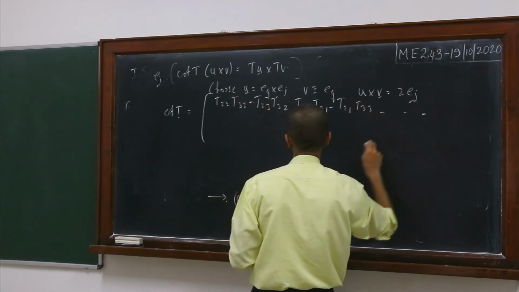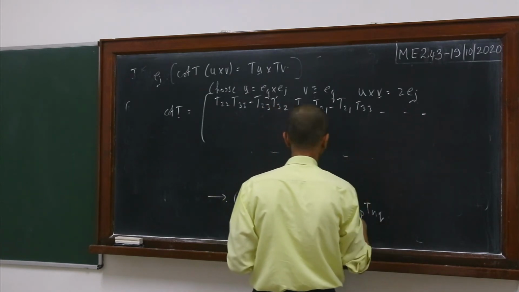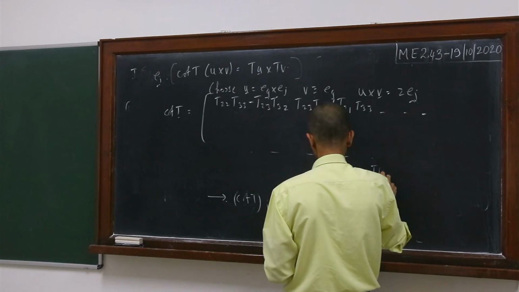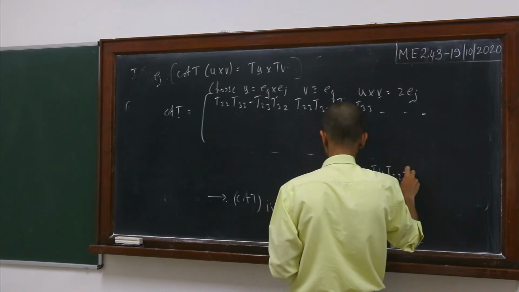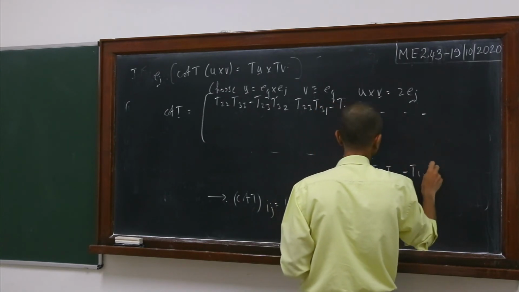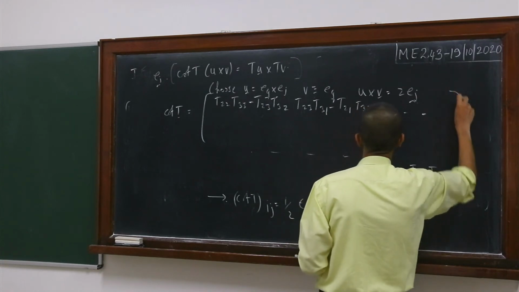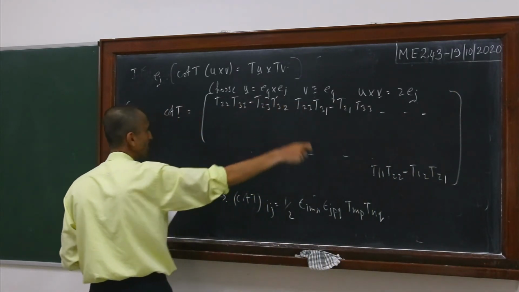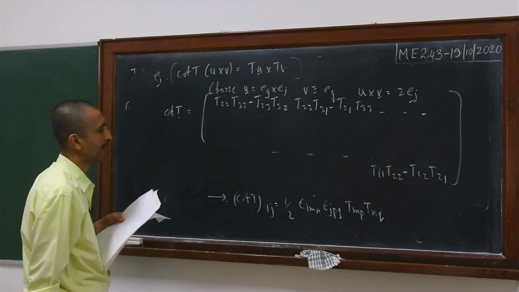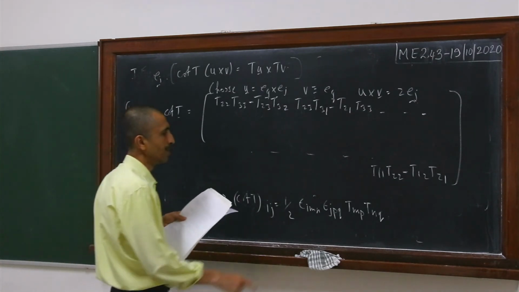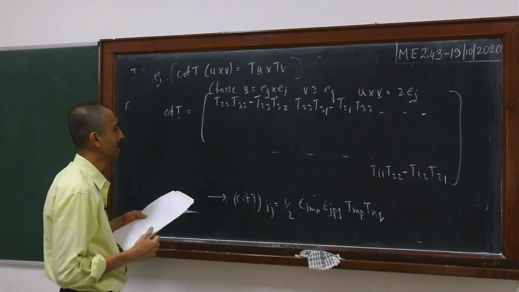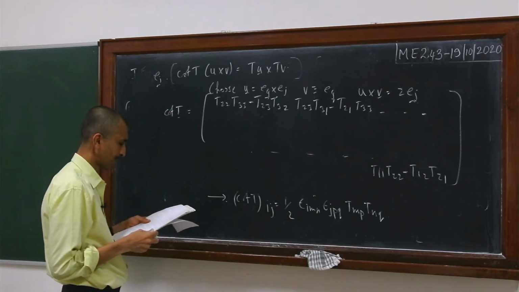I will not write all the components so that you can easily construct them using this formula, but I will just write one more here, T11 T22 minus T12 T21. Just to show that the entries are quadratic in T. That's the only purpose behind showing it. Of course, that is also obvious from this here. So this is how the cofactor tensor will look like here.